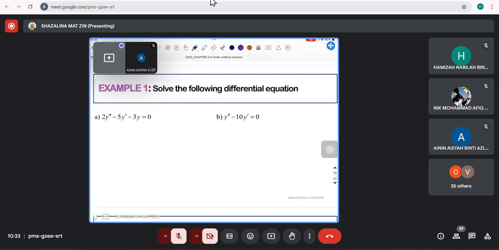Okay, we will start with example 1. Solve the following differential equation. A, 2y double prime minus 5y prime minus 3y equals to 0. Obviously this is equal to 0, so this is a homogeneous equation. Refer to step number 1.